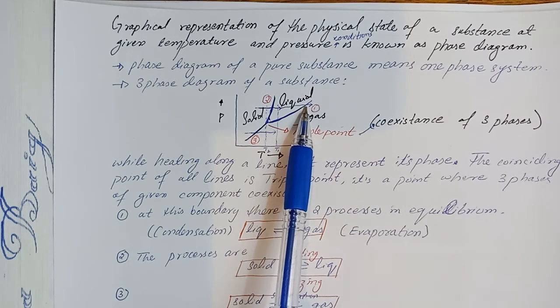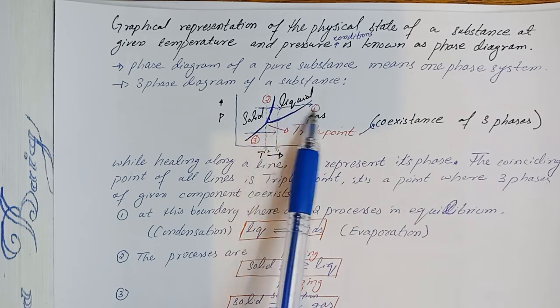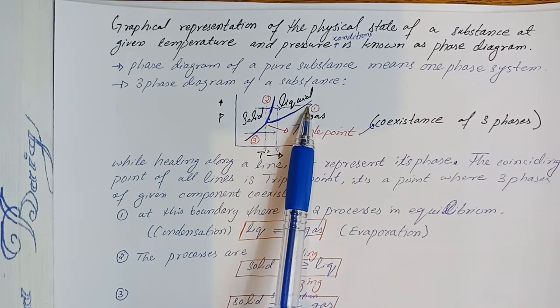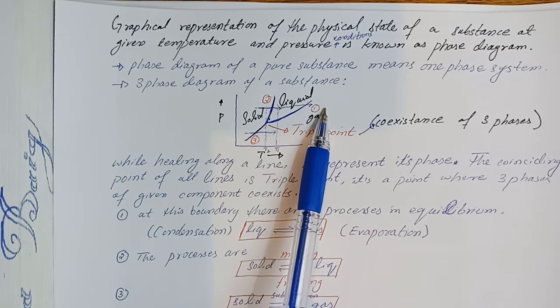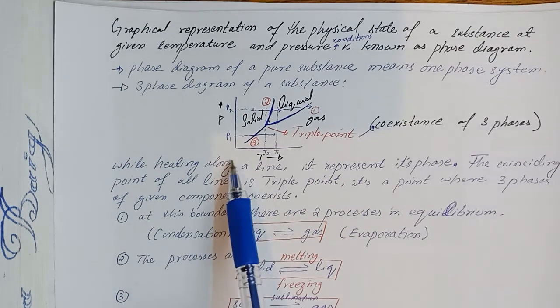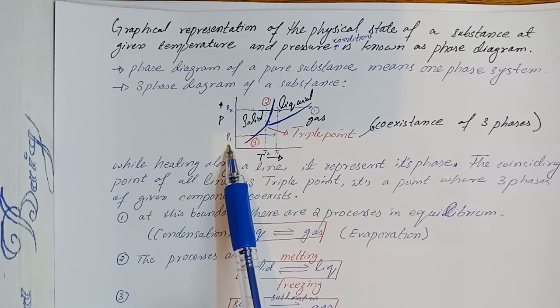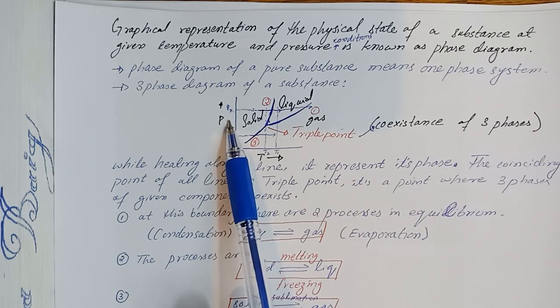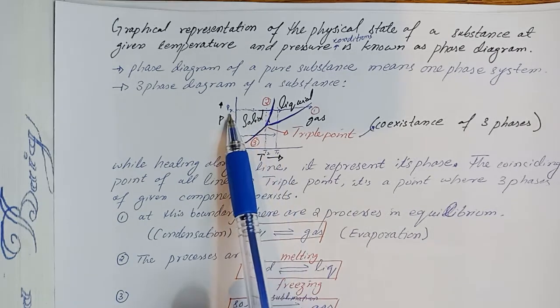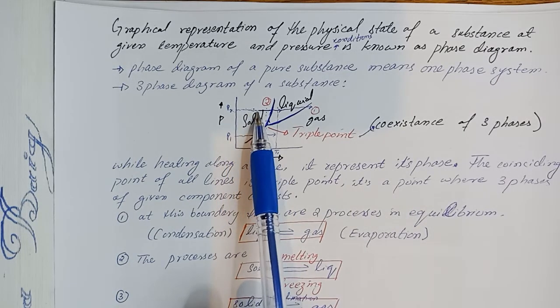So at this point the liquid and gas phases are in equilibrium, and after that point the substance exists in a state of gas. So at this particular pressure that is higher than P1, there is a phase change while keeping this pressure constant and changing the temperature of the substance.